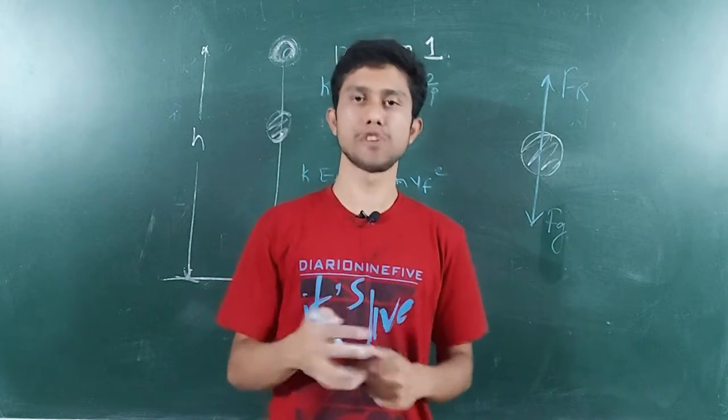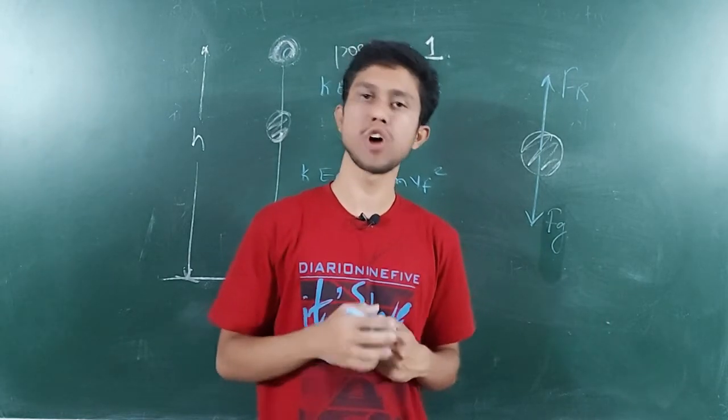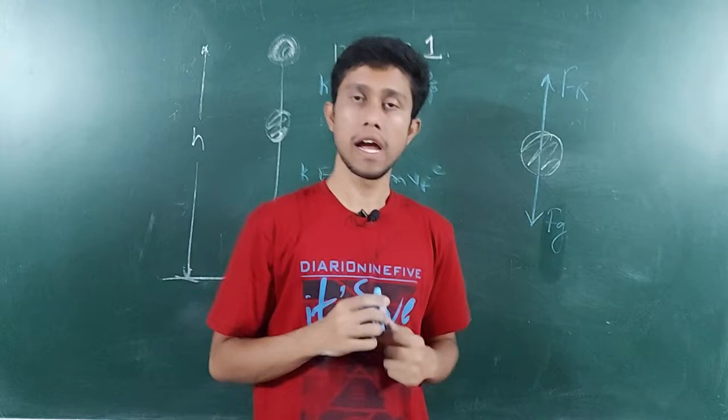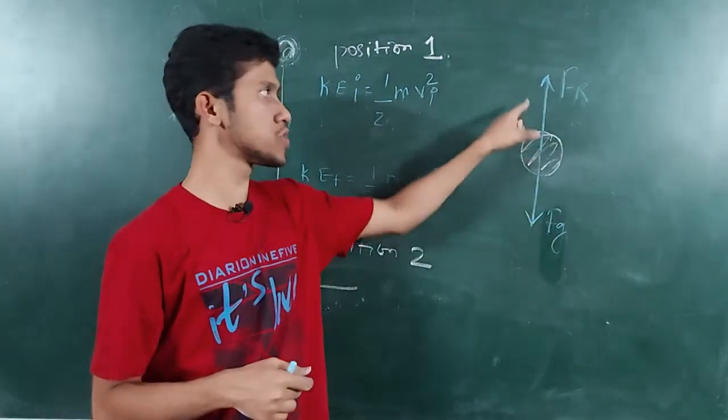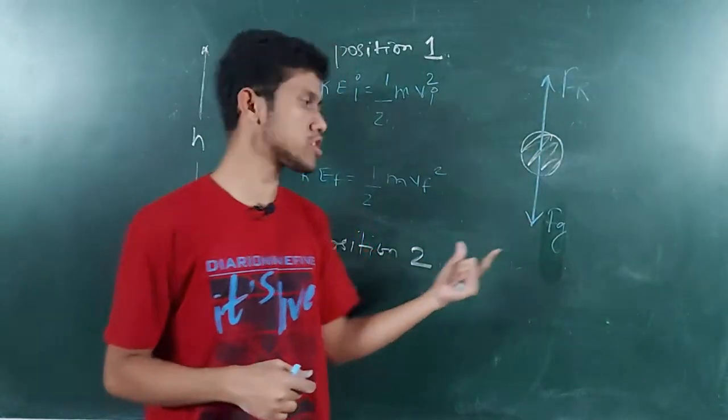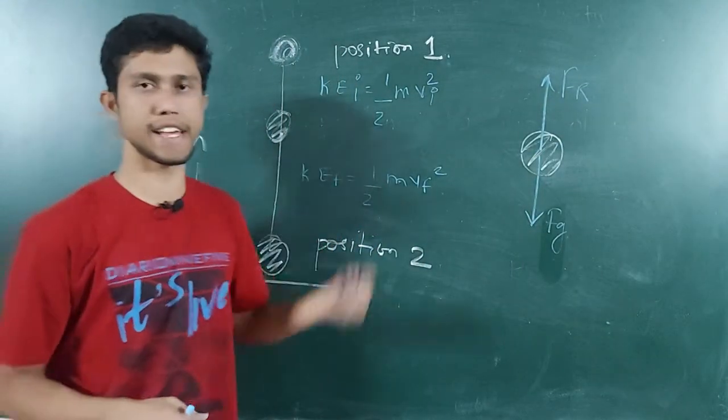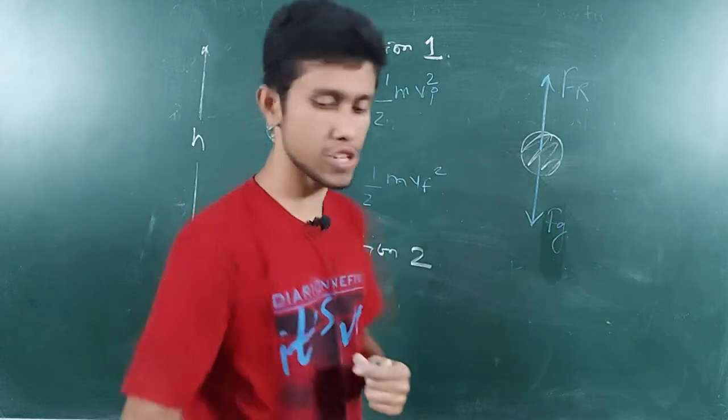Now the fourth point, which I haven't told, but it's not that important to be told: you can equate the work done by all the forces which you can see in this free body diagram to the change in the kinetic energy, that is KE final minus KE initial.